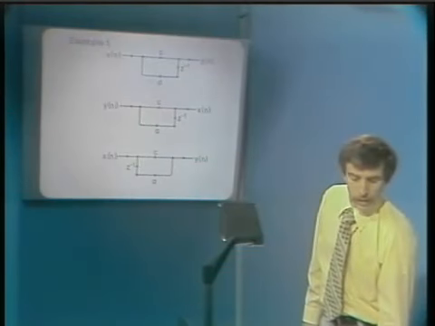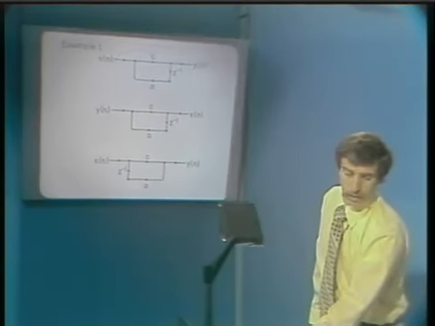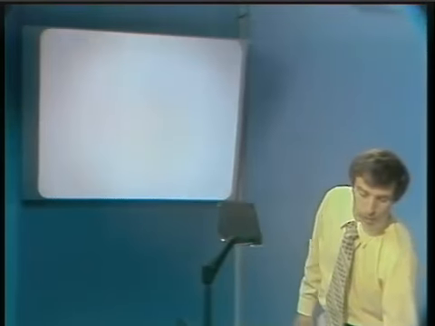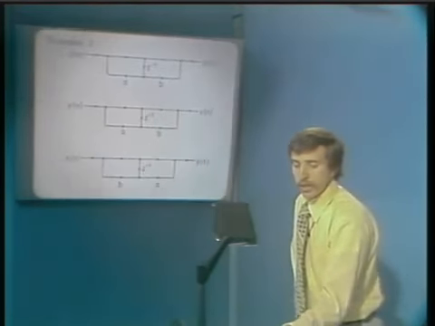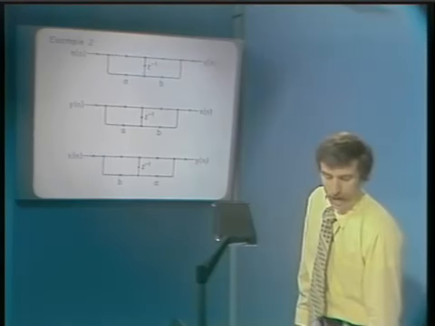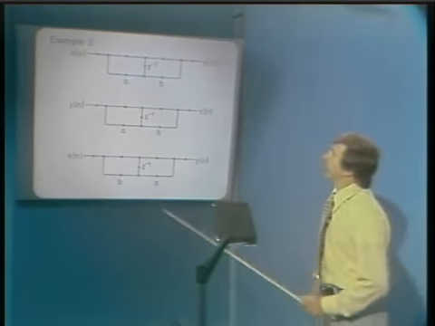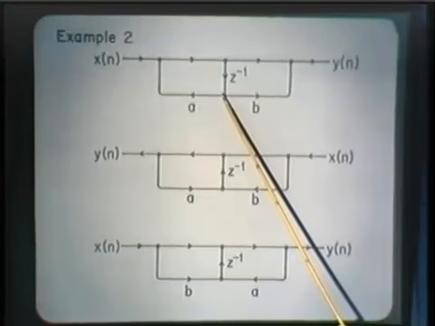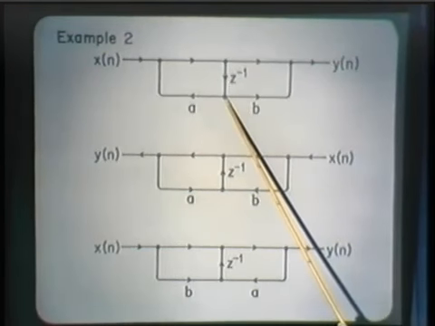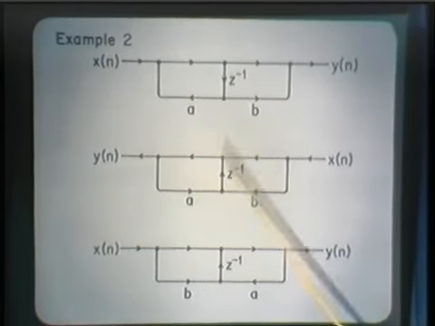Well, let's try it on a slightly more complicated example. Not to verify that it works, but just again to emphasize how the transposition is implemented. Here I have an example in which I have a canonic first-order system.